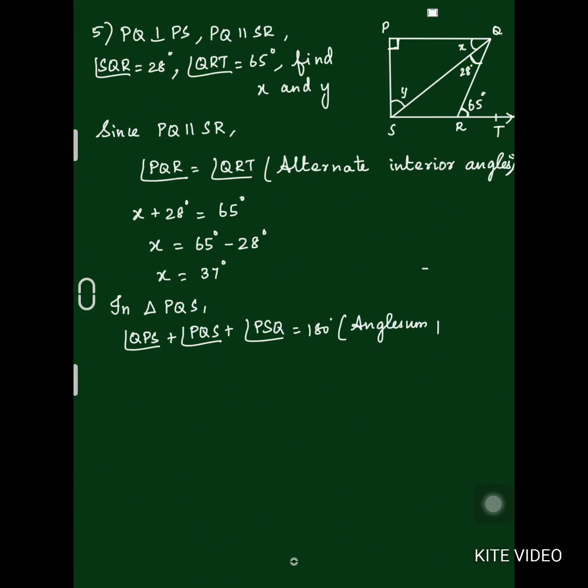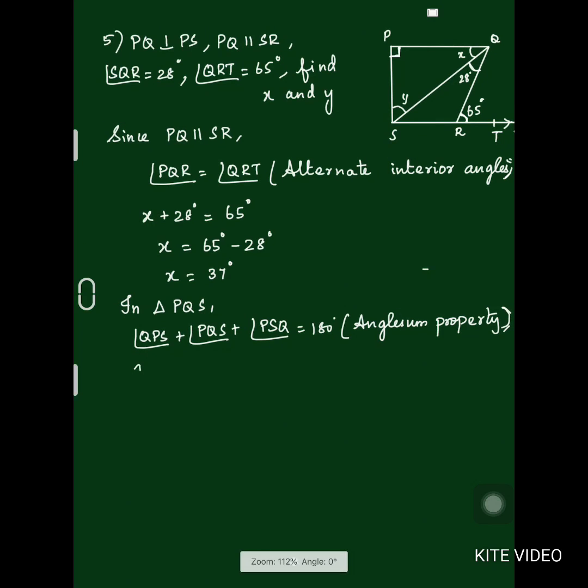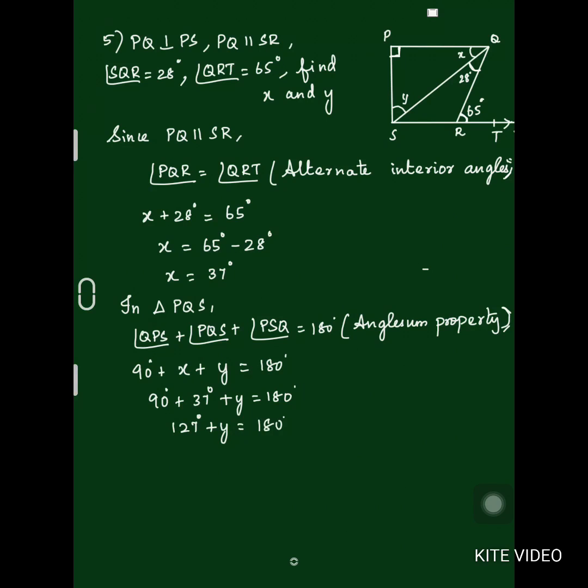In a triangle, if you add all three angles, you always get 180 degrees. So QPS is 90 degrees plus PQS, which is X, plus PSQ, which is Y, is equal to 180. So 90 plus 37 plus Y is equal to 180. 90 plus 37 is 127, plus Y is equal to 180. From this Y is equal to 180 minus 127. So Y is equal to 53 degrees.